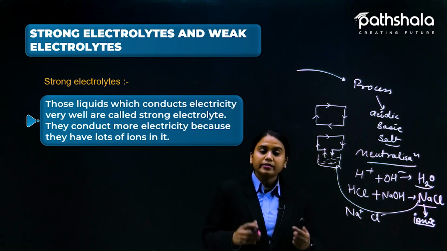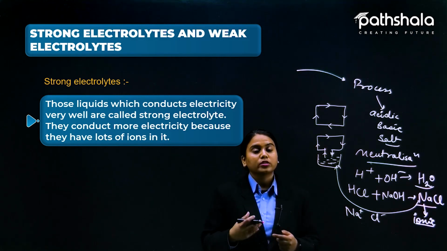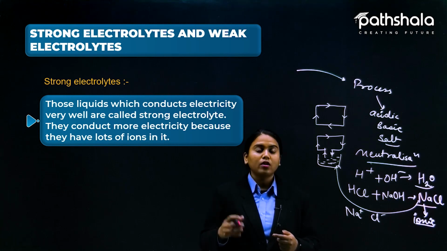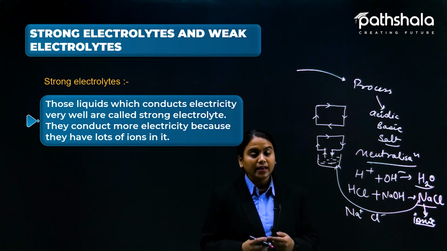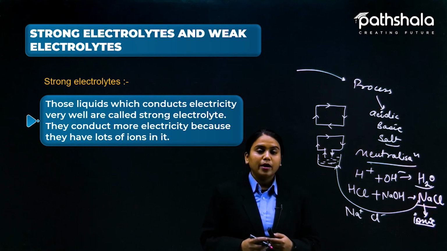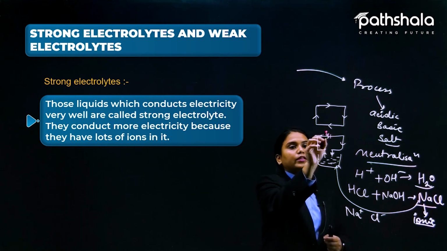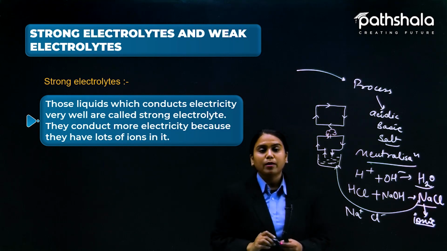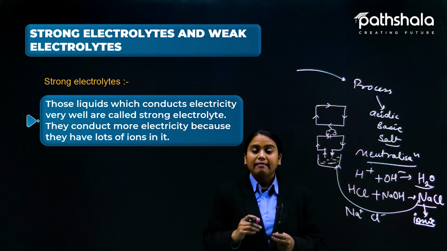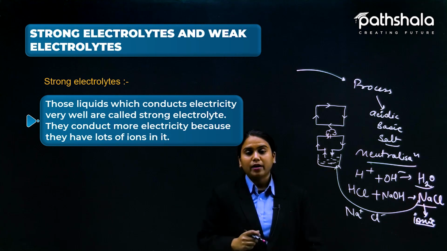So lots of ions will give the conduction process to lots of electrons, and that is managing the things here, and we get a proper glow in the bulb. If we have connected it with a bulb, that bulb will start glowing brightly.